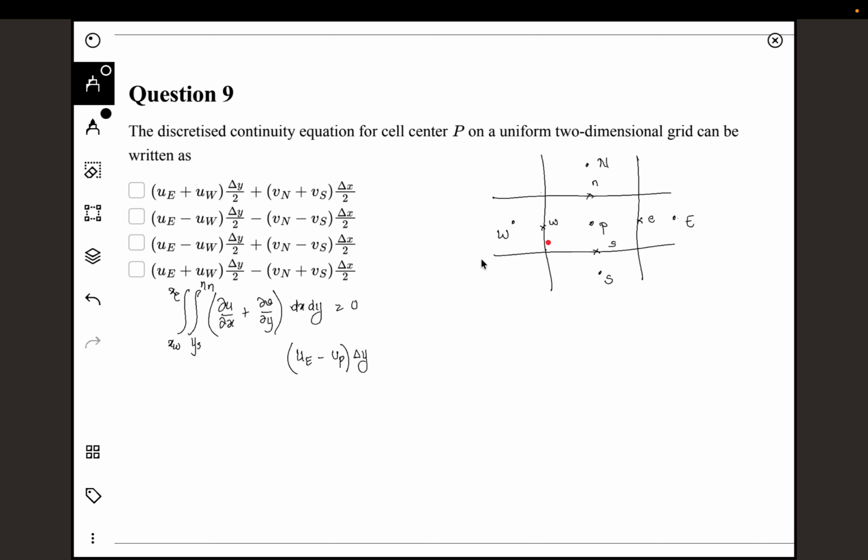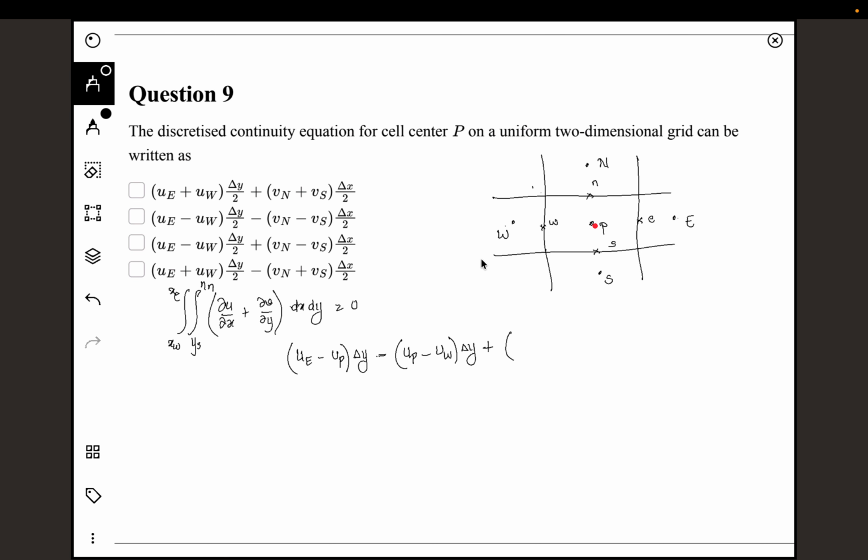So del u del x at this particular face will again be the difference of the neighboring cells, which is ue minus uw, times delta y. Similarly for the other direction, we have, we are making a mistake here. Okay, on this face it will be minus, so you have a minus here.